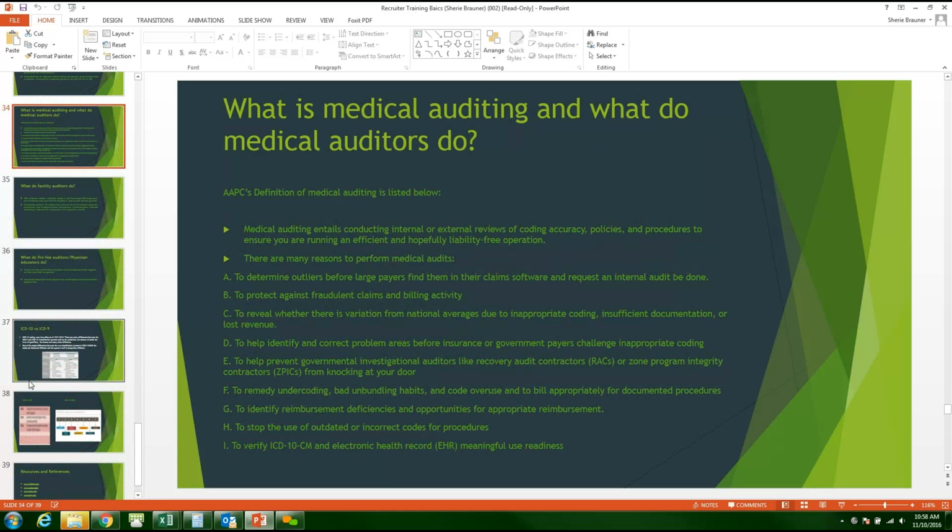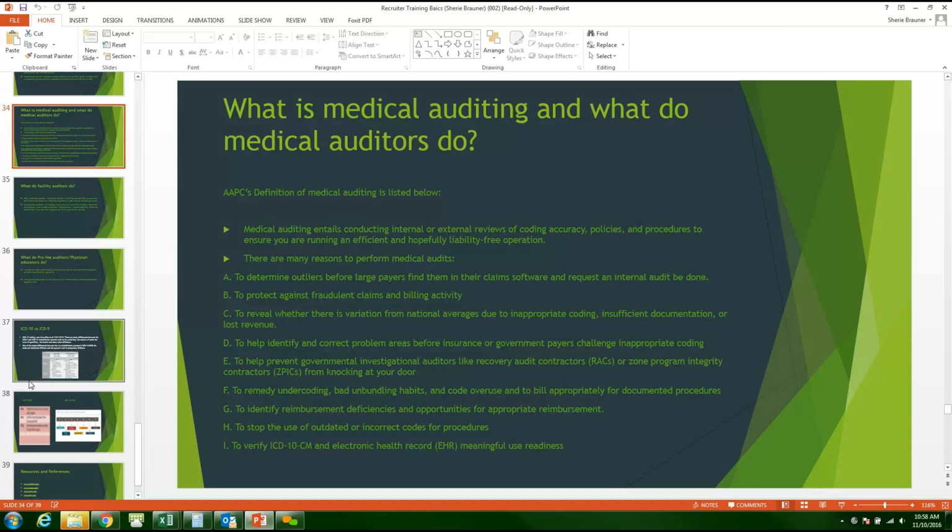Slide number 34. What is medical auditing, and what do medical auditors do? Medical auditing entails conducting internal and external reviews for coding accuracy, policies, and procedures to ensure that you are running an efficient and hopefully liability-free operation.